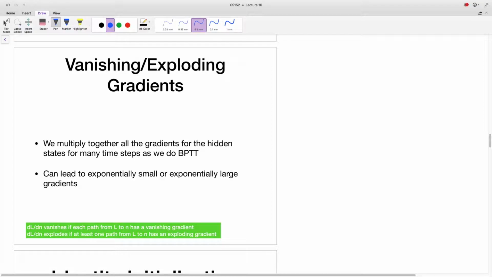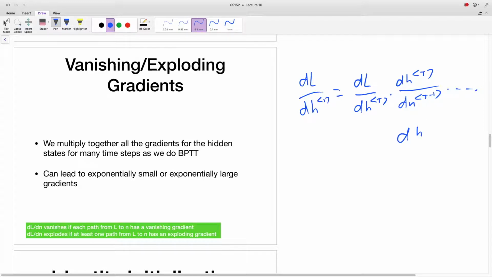If you remember from Wednesday, when we wanted to compute dL/dh1, we had to compute dL/dh_t times dh_t/dh_{t-1}, all the way to dh_2/dh_1.